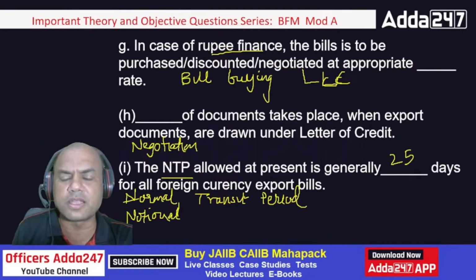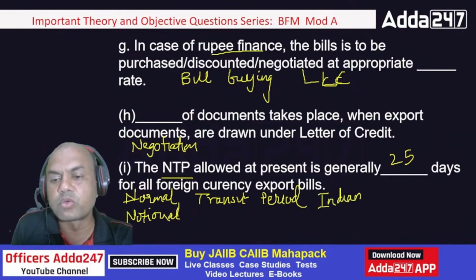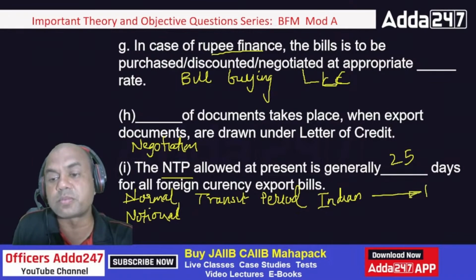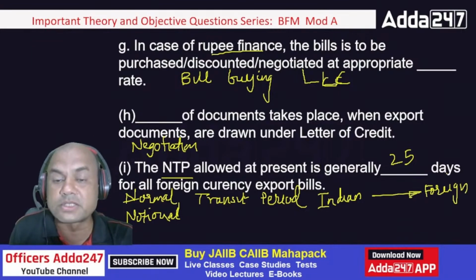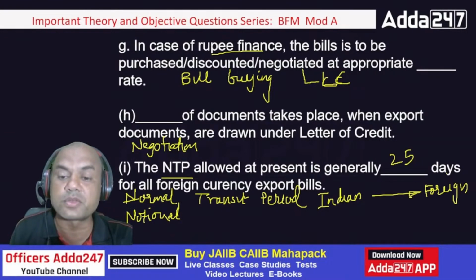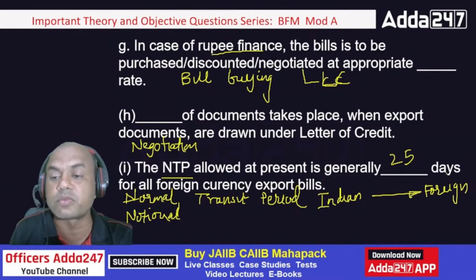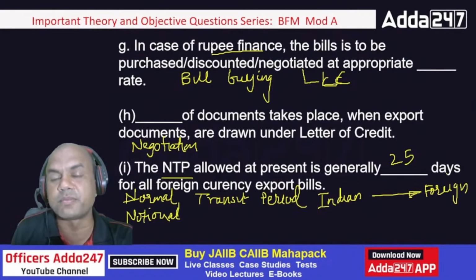What is NTP? NTP means basically the documents move from the Indian bank to the foreign bank, the issuing bank in case of LCs. It's only documents, the documents of the exporter, that go to the foreign bank. Then these days are known as NTP.